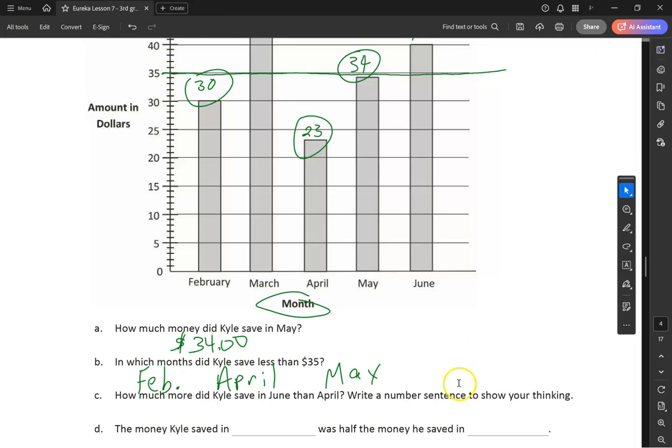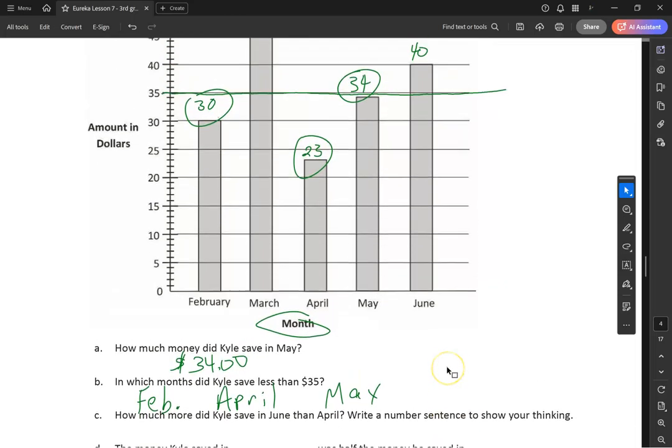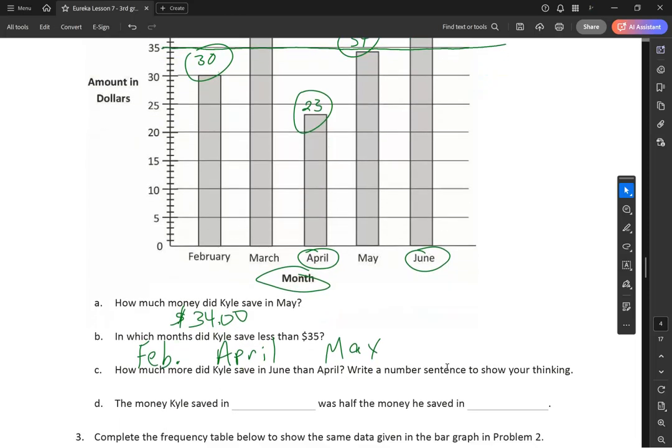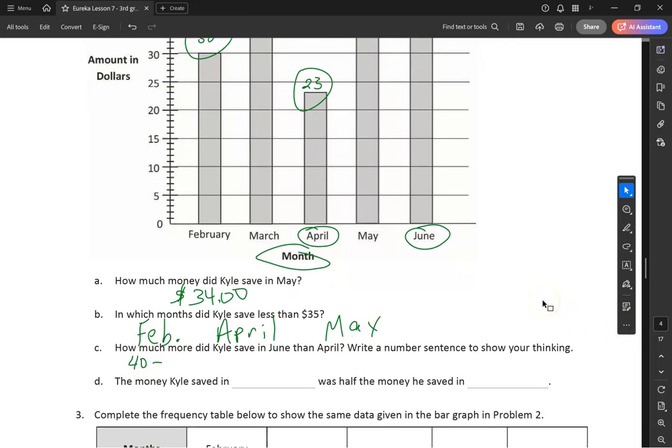C, how much more did Kyle save in June than April? June than April. So June was 40. And April was 23. We can stack it. After regroup, go next door. Turns into a 3, turns into a 10.